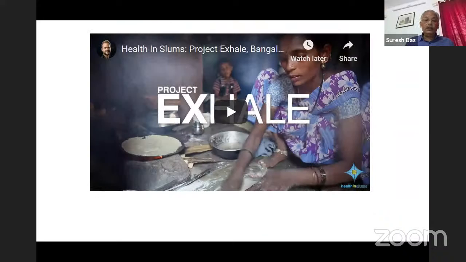Even Project Exhale in Bangalore is a very good initiative, where you make sure that the health of people dwelling in remote areas, where fuels are not available, is not affected, by bringing in more efficient stoves. So nothing is too big or too small once you realize that this is your area of interest and that is your area of concern.